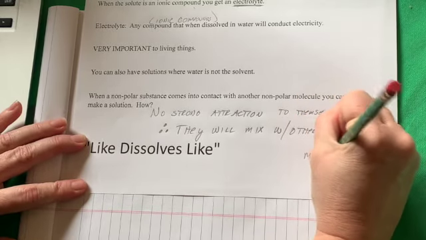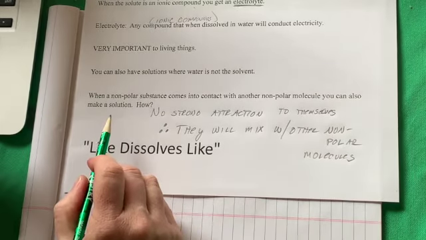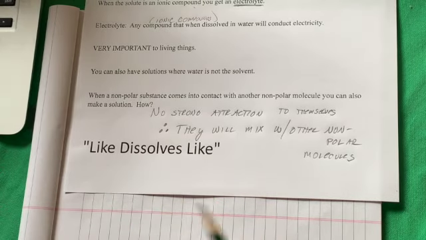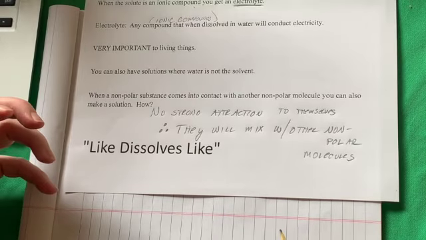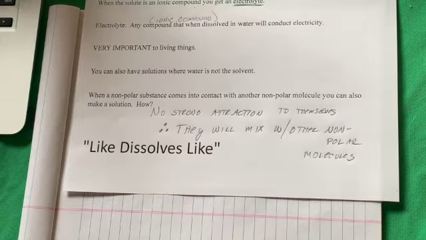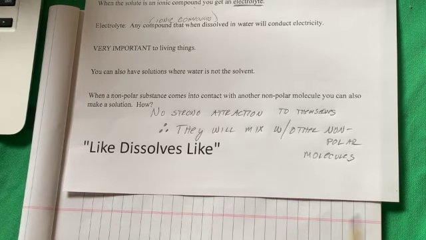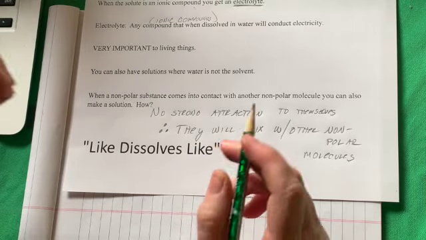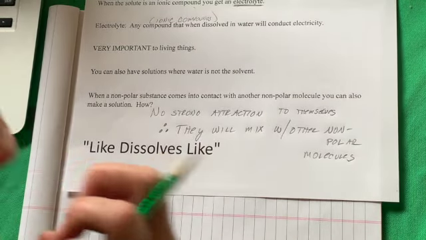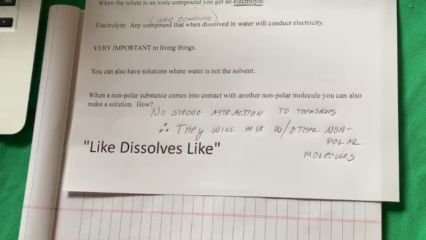Now, if you try to mix a nonpolar substance, something like oil, with a polar substance, something like water, and you guys have done this before, I'm sure, you'll see they don't mix. And that is actually because of the water. It's not because of the oil. The oil doesn't really care who it's next to, but the water does. The water has those partial positive and negative ends, so it wants to be near things that have those charges.